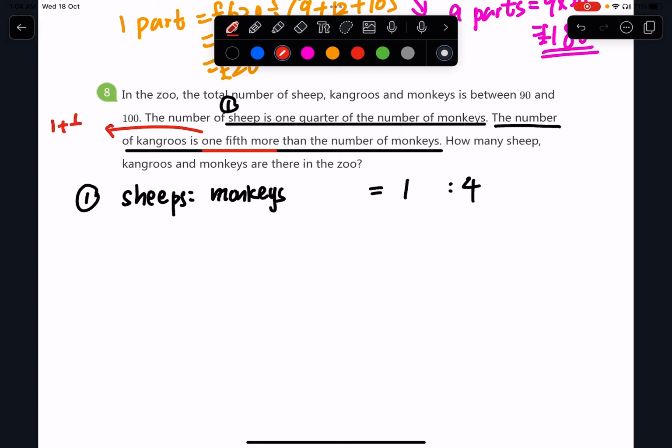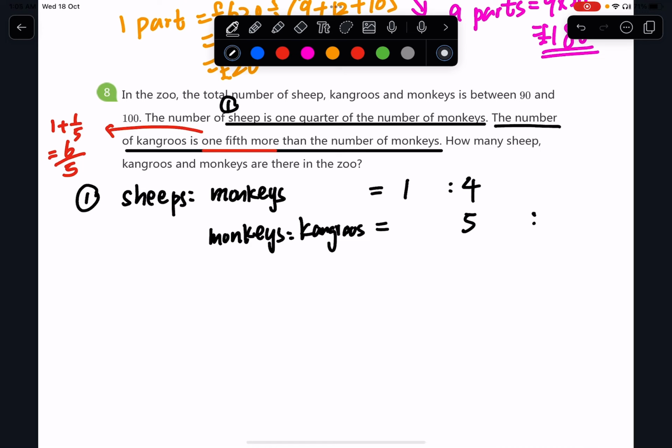Okay, 1 plus 1/5 equals 6/5. So if there are 6 kangaroos, there will be 5 monkeys. So we have the relationship between monkeys and kangaroos now. It is 5 to 6.